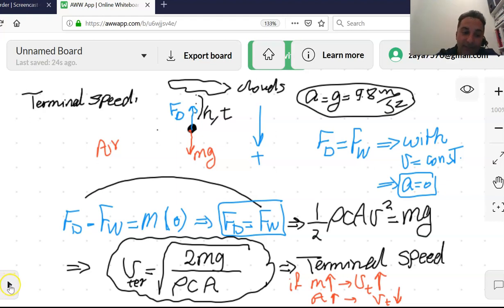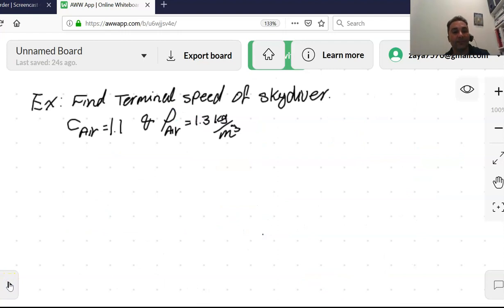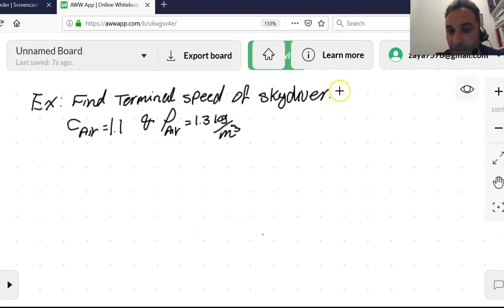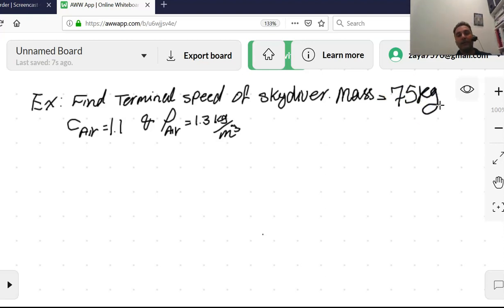so let's do one example. Question says, find terminal speed of skydiver. So usually, guys, skydiver, let's say mass is 75 kilogram. So you may ask, why 75 kilogram?